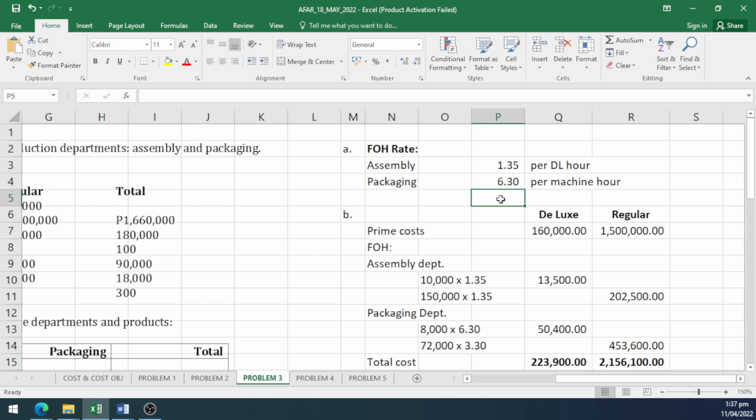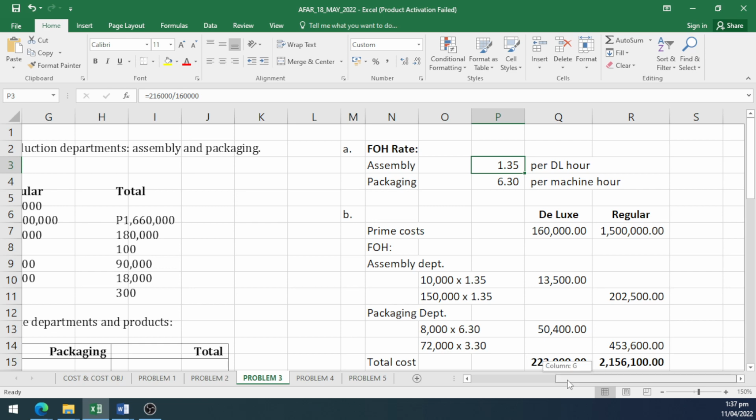As the products go through to that department, the products will be charged with overhead based on that predetermined overhead rate in that department. So sa assembly, based on DLRs, 216,000 divided by 160,000 DLRs.